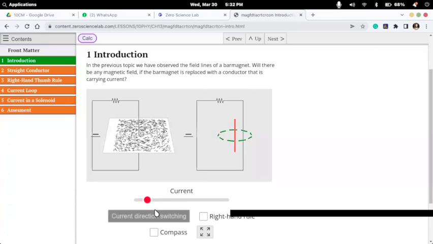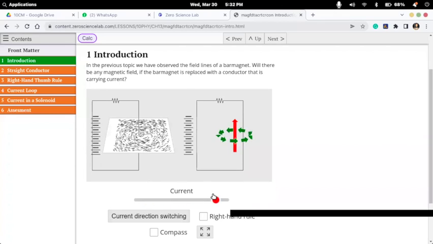And if I pass the current through, you can see what happens now. Shall I? Yes, sir. Okay, I increase the current. Now zero current, right? Yes, sir. Now you look at these iron filings. Any change?